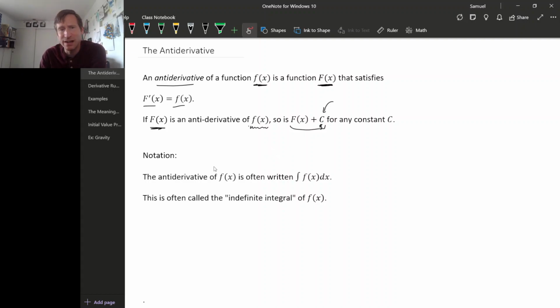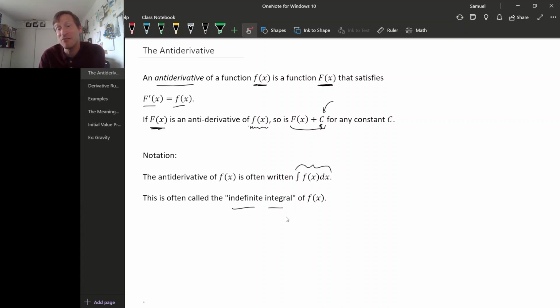Sometimes you'll see a different notation for antiderivative. Sometimes you'll see this clump of symbols to mean an antiderivative for little f. This is called an indefinite integral, and that terminology at this point is sort of unmotivated. Why this word integral and what makes it indefinite?